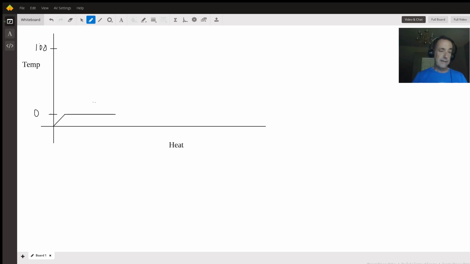What the graph can't show is that the state of matter is changing. A solid is being converted to a liquid. So at this point on the graph, this 0 degree stuff is all solid. And at this point on the graph, it is all liquid.